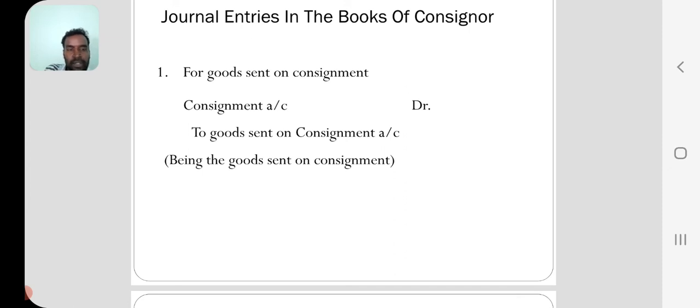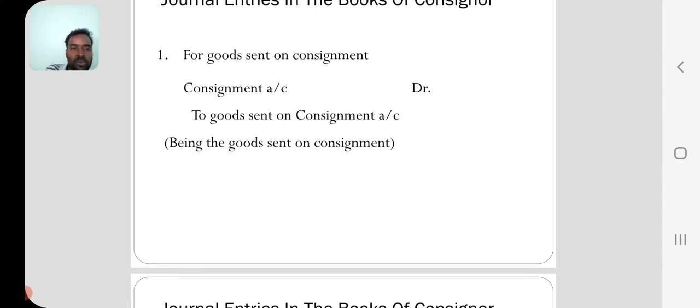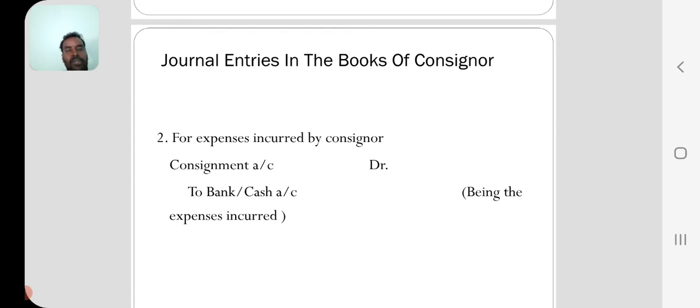In consignment account, on the debit side, we have to write "to goods sent on consignment account". In goods sent on consignment account, on the credit side, we have to mention "by consignment account". How much goods are sent to the consignee, that should be entered here.